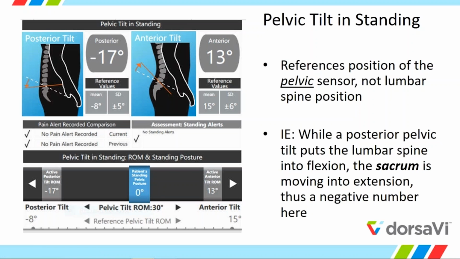It's not telling you about lumbar spine position or motion. It's looking at the pelvic sensor. So when the pelvic sensor starts in a position of nutation or flexion, that's positive. And then you move backwards into posterior pelvic tilt, that is extension of the sacrum or counternutation of the sacrum, so it's a negative number.